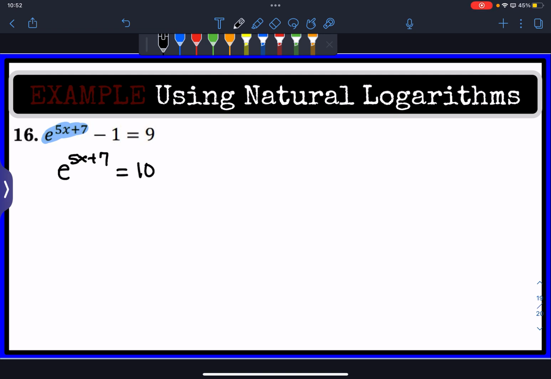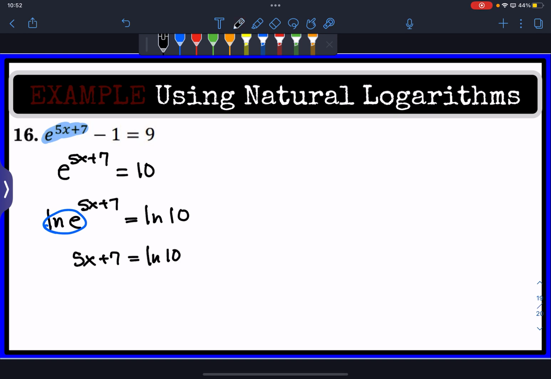And now taking the natural log, that's going to pull this to the front, but since the ln of e is equal to 1, this multiplied with 1 is equal to 5x plus 7.